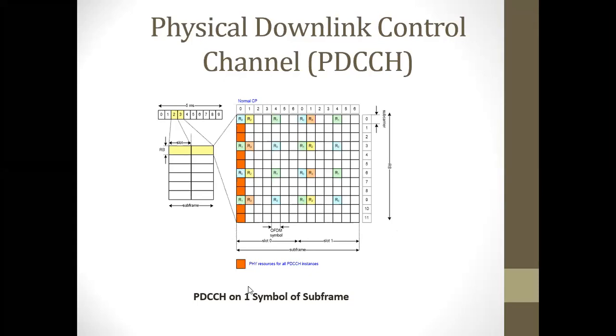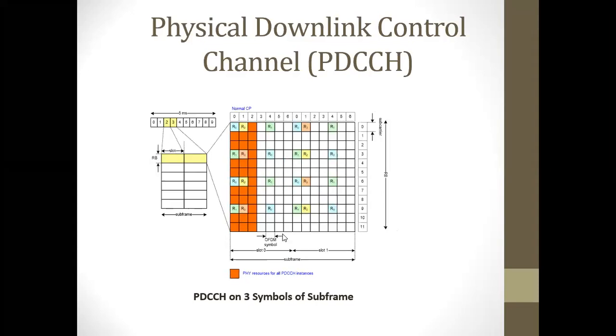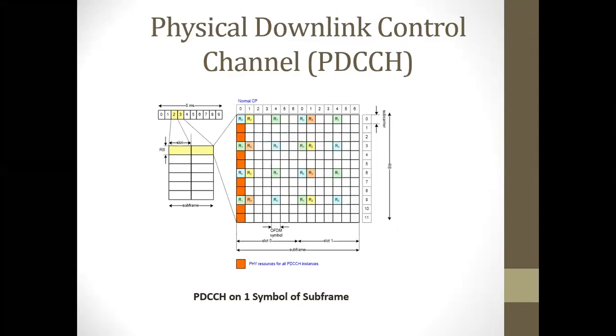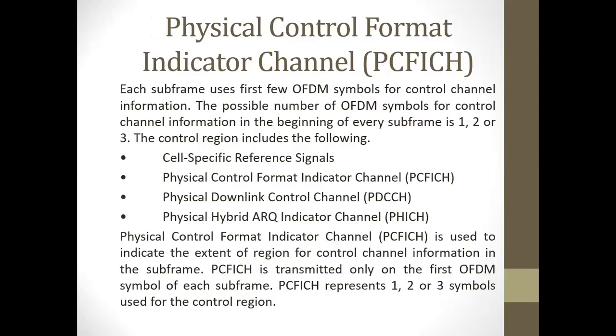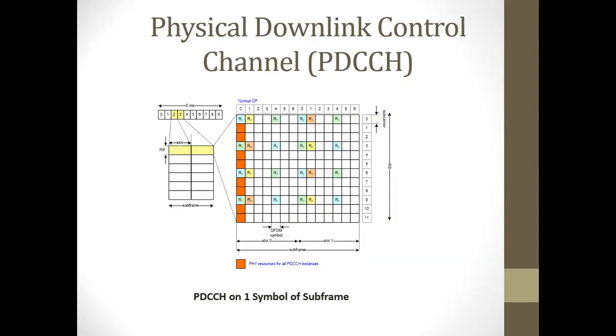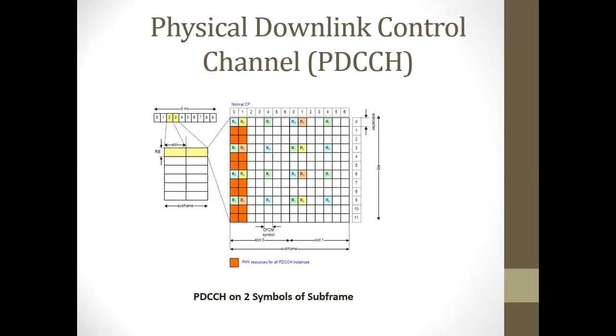So vertically, the control region covers the whole extent, all the frequencies, and horizontally, it will be in the beginning of each subframe, and it may take one, two, or three symbols. So PCFICH just tells you how wide it is. That's it. There is no other information in PCFICH. Then you are ready to read the control region.